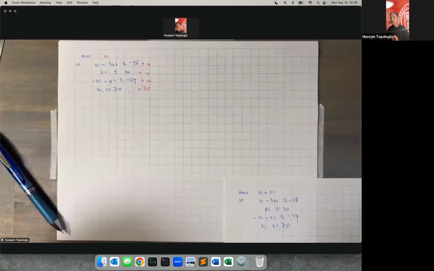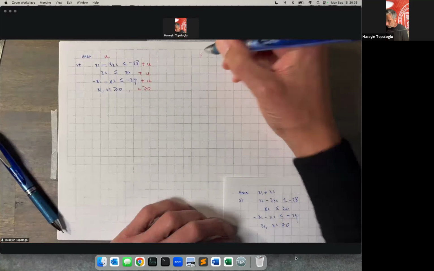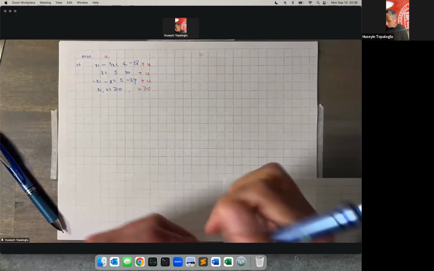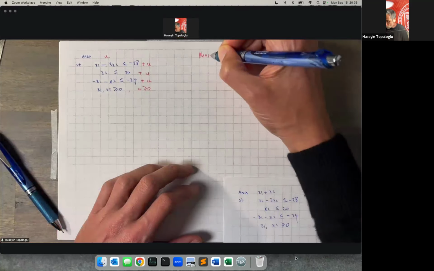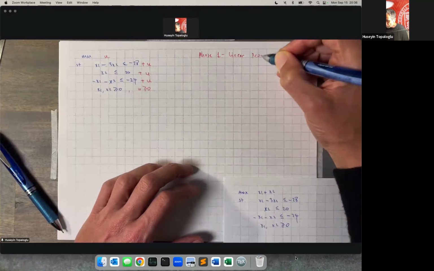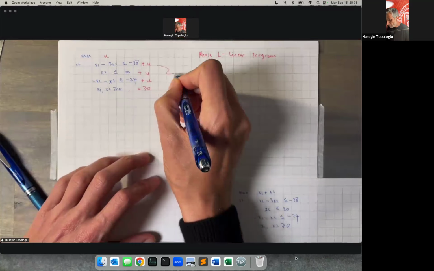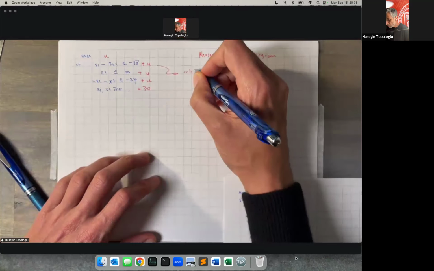But this linear program is only used to find a feasible solution to the linear program that we would like to solve. And the u decision variable that we added also has a name. It's called the artificial variable.